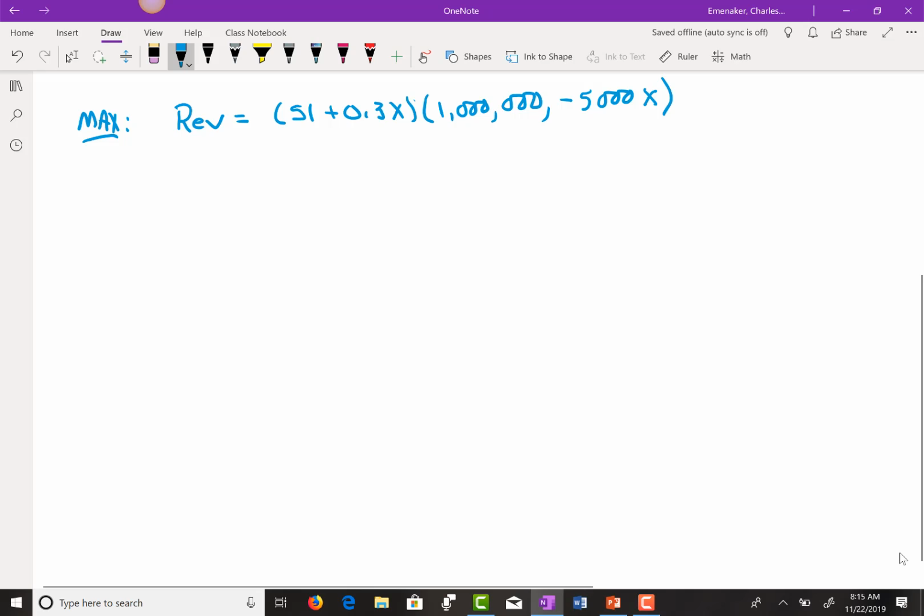However, before I go taking the derivative, what might be a good idea to do with this revenue equation? You want to take the derivative of that as it sits there? Looks like a product rule, doesn't it? That's going to get kind of messy. Instead of using a product rule, we can either pay the price later by having a messy derivative and solving a messy derivative equal to 0, or we can pay the price now by FOILing things out.